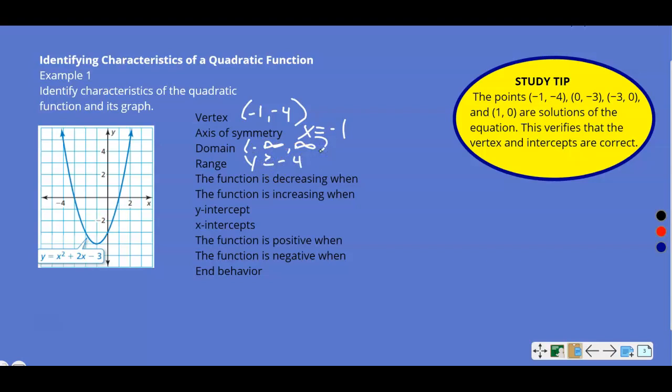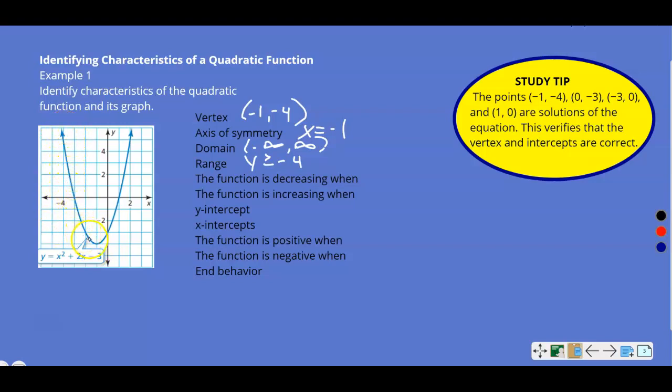All right, then we also can determine where the function is decreasing and increasing. So we can see that it is decreasing when x is less than negative 1. So it is decreasing from the left side all the way down to negative 1. So you can see it's going downhill.